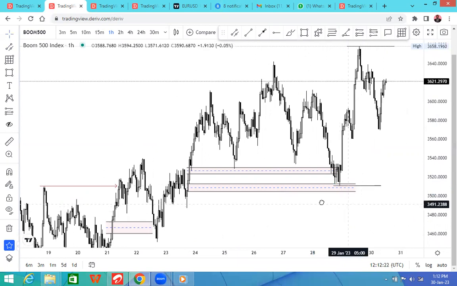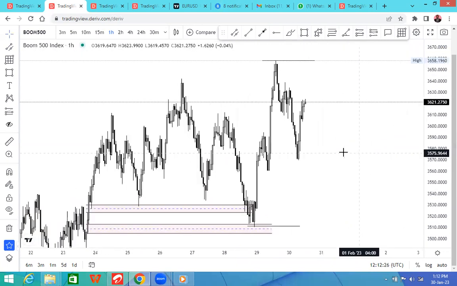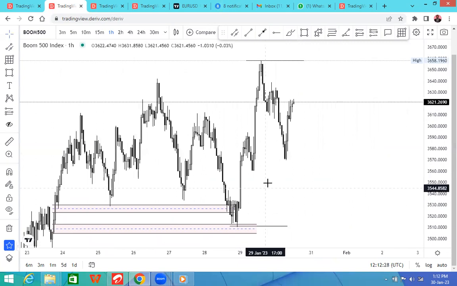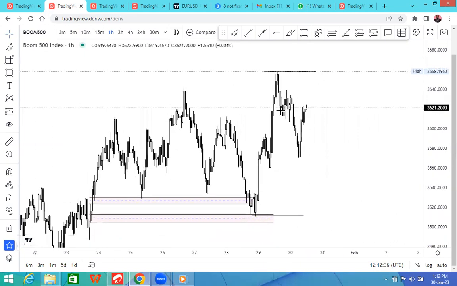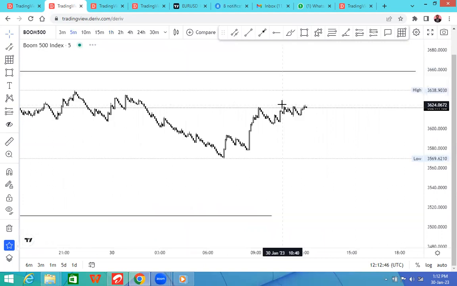You understand? So if we keep going, you discover that you can wait for price to come to all of this and then you buy. But since I'm expecting price to sell, price has not really gotten to 50% of my daily range. I saw something on 5 minutes within this place that I want to play.